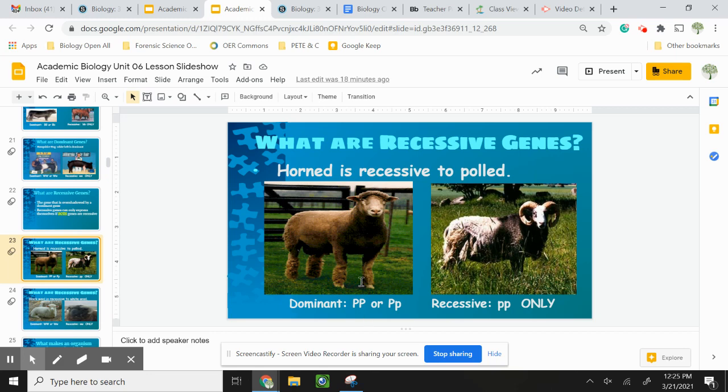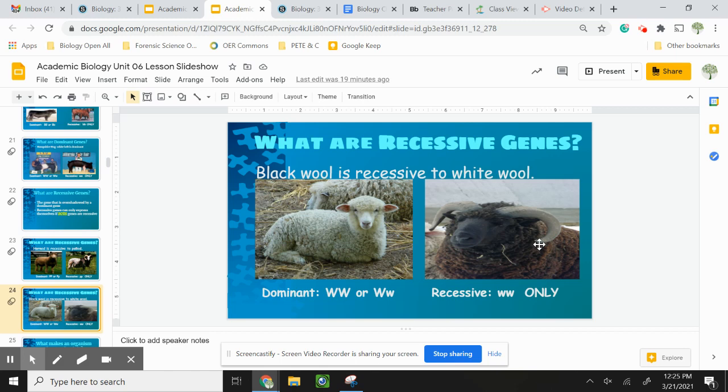All right, so this sheep could be, his phenotype is polled phenotype, no horns. Homozygous for his polled phenotype. Heterozygous, big P, little p, for his polled phenotype. Homozygous recessive for being a horned sheep.